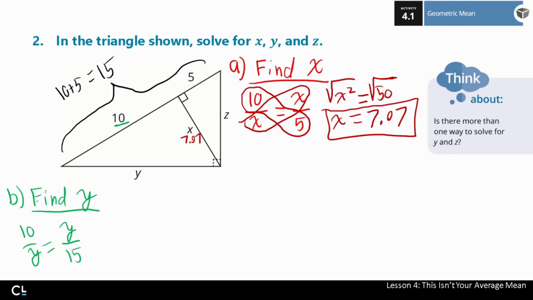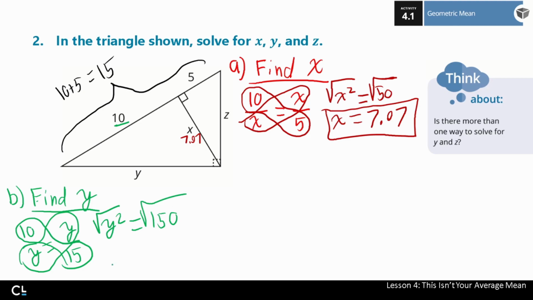So the chunk over my missing leg, and the missing leg over the entire hypotenuse. And we cross multiply again. So we get y times y gives me y squared equals 10 times 15 will give me 150. I take the square root on both sides, and I'm going to once again have to plug that into a calculator.